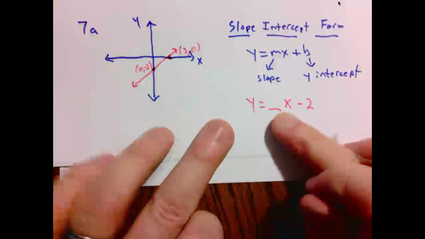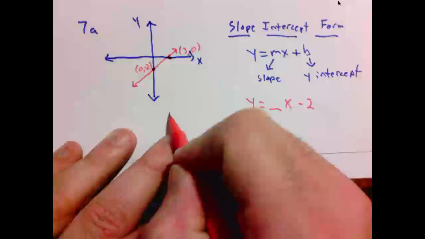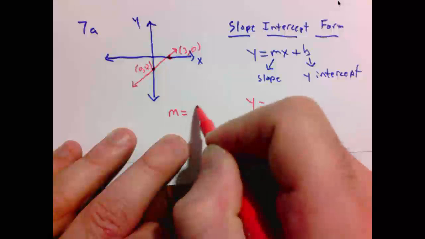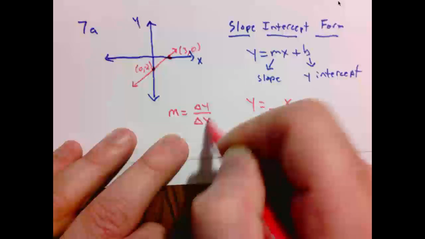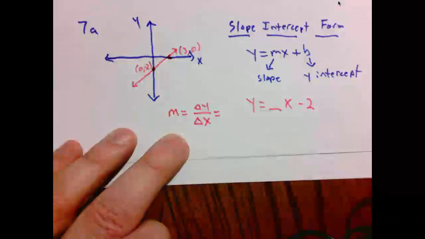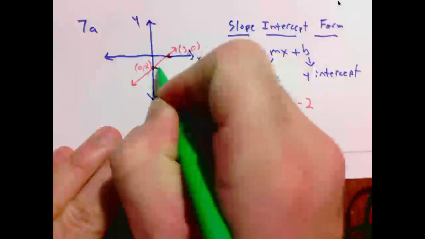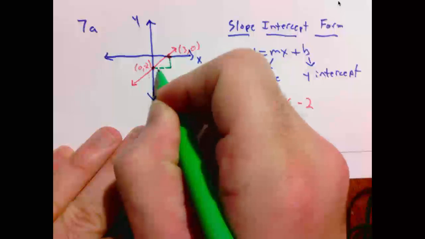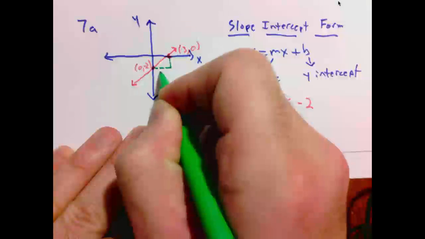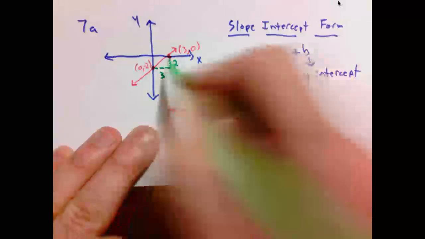Now I just need to find what this slope is. We discussed in class, slope is a rate of change. Slope equals the change in y divided by the change in x. We can simply draw ourselves a right triangle between these 2 points. Our change in x is 3, it goes 3 units to the right. Our change in y is 2, it goes 2 units up.